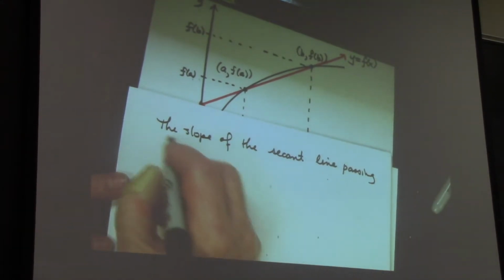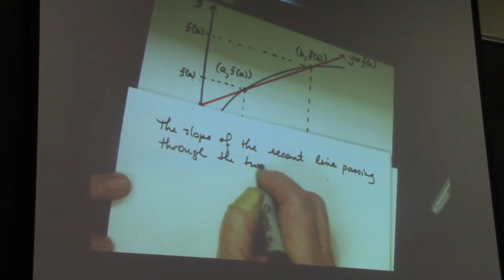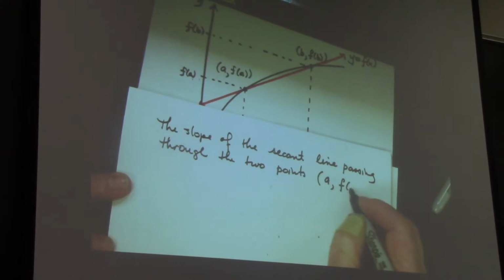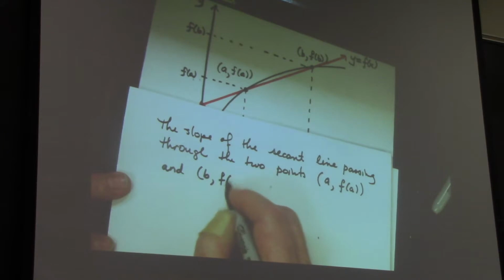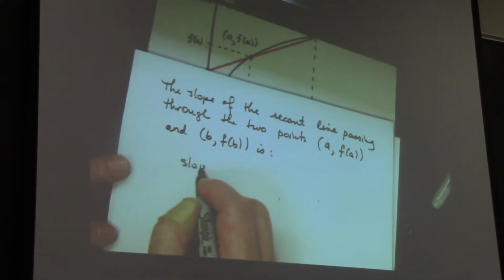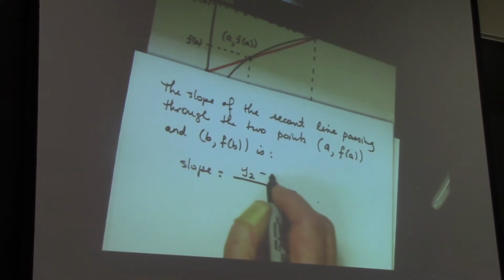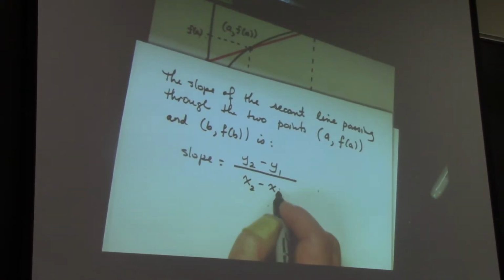passing through the 2 points, A comma F of A and B comma F of B, is, maybe let's just remember our slope formula. If my points are x1, y1 and x2, y2, my slope is y2 minus y1 over x2 minus x1.